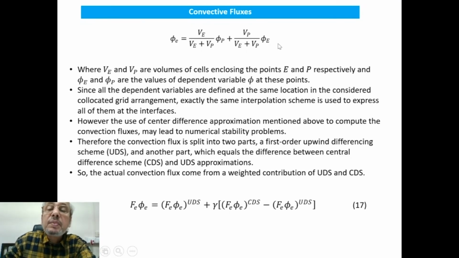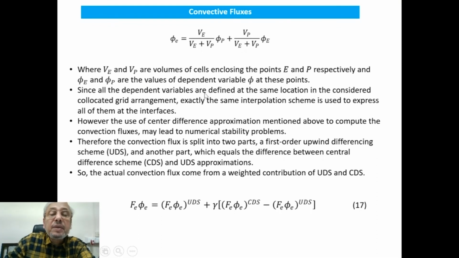So basically the eastern neighbor cell has volume VE and phi E is defined at its center. The cell of interest has volume VP and phi P is defined at its center. And at the eastern cell face center we define phi e through the interpolation.